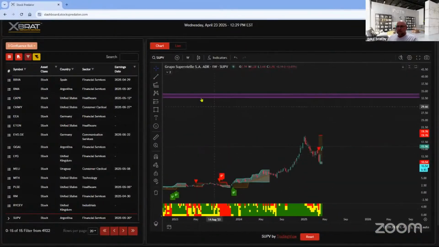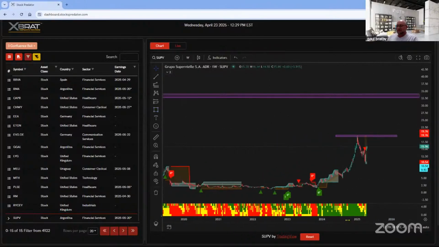Okay, just going to put that on there. That's one pivot. It doesn't necessarily mean it's a very strong resistance. That most likely was earnings that made that catalyst. So if we get a good earnings on the 20th of May, that'll run.